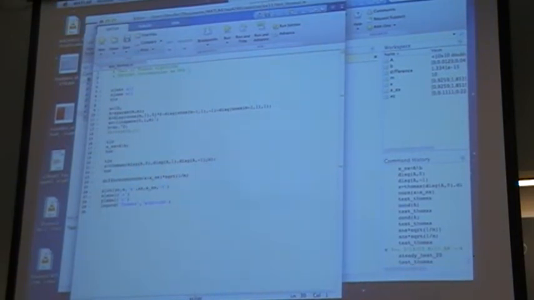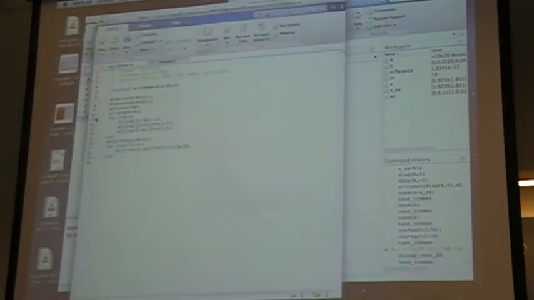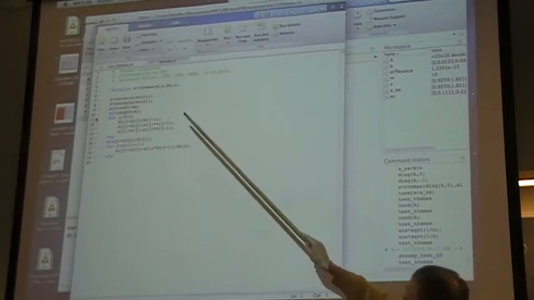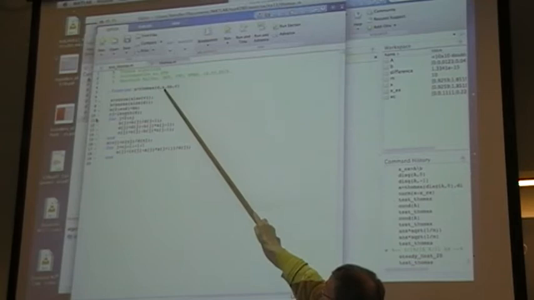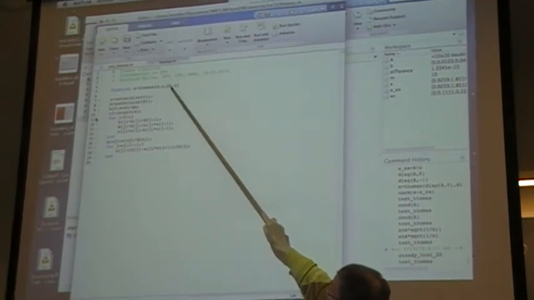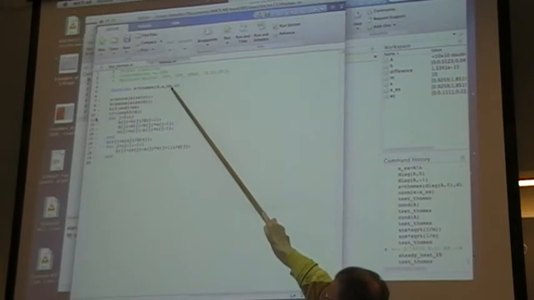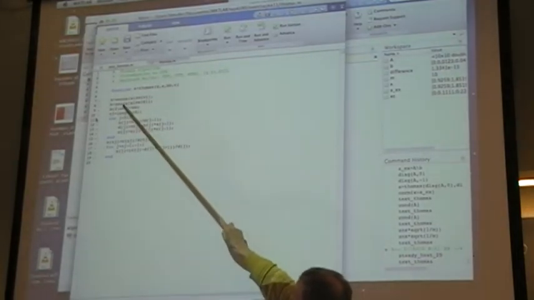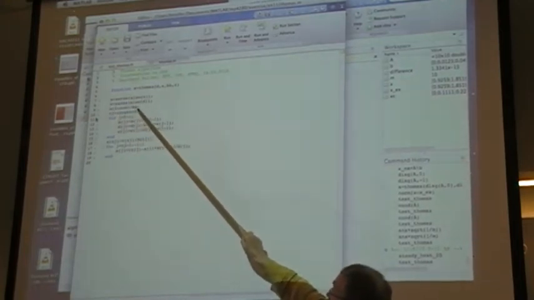So the Thomas algorithm, let's see, this is the interesting one here. You see just very few lines here. We give in the diagonal, the upper subdiagonal and the lower subdiagonal. You see here I did a little trick. I call this BB because for the B I want to have indices from 2 to n.